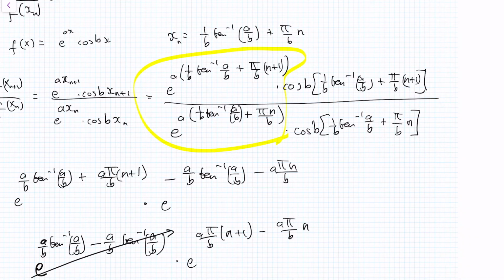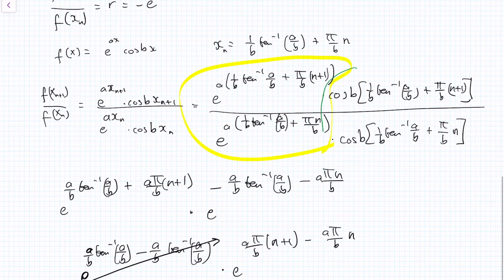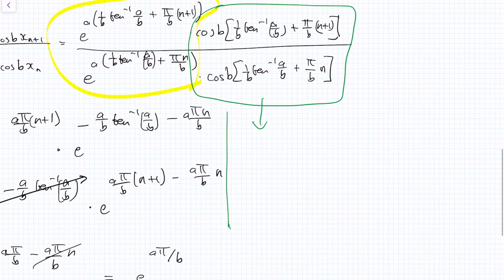Okay, so let's have a look at the cosine, and let's try to simplify this. So what would that give us? Right, so let's expand, and we will have cos b over b.